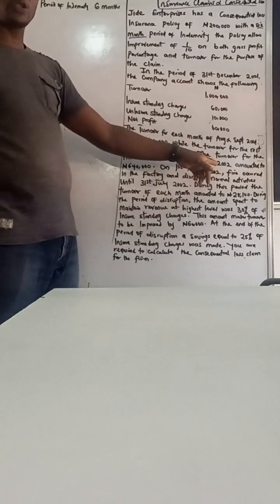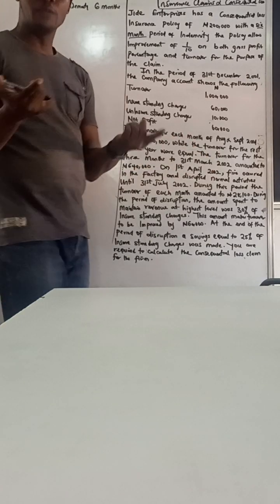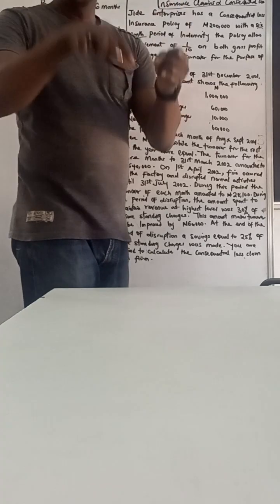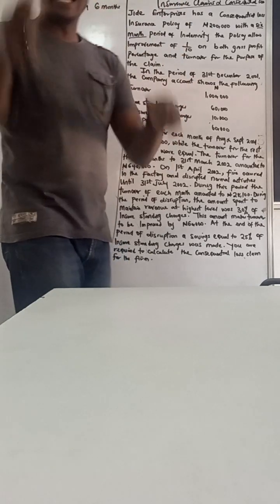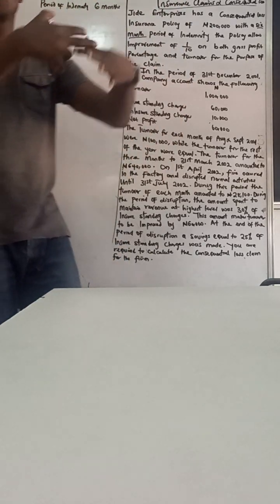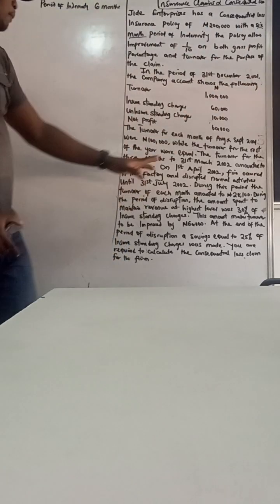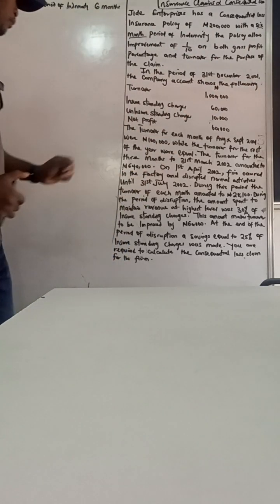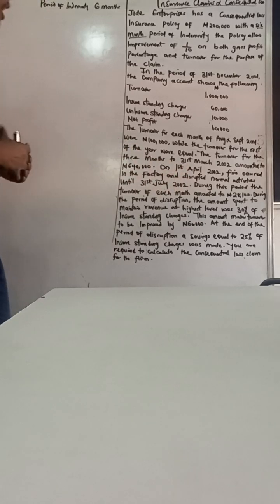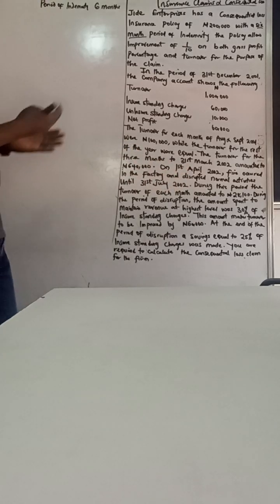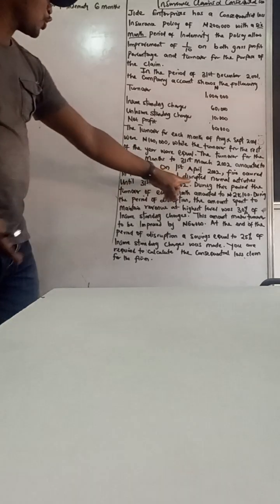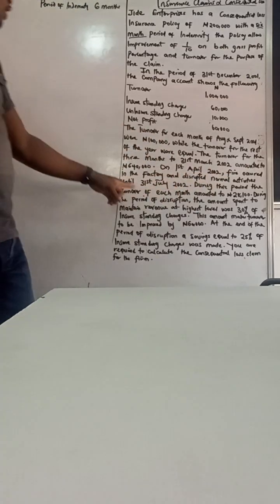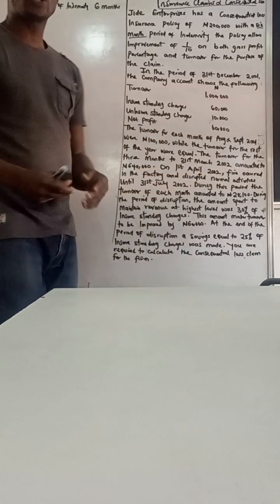So this is turnover for 2002. Remember I told you in my first video, we need just two turnovers: the period before the period of disruption and the period of disruption, but it will be spread. Let's go to the next one. On 1st April 2002, a fire occurred in the factory and disrupted the normal activities till 31 July 2002.